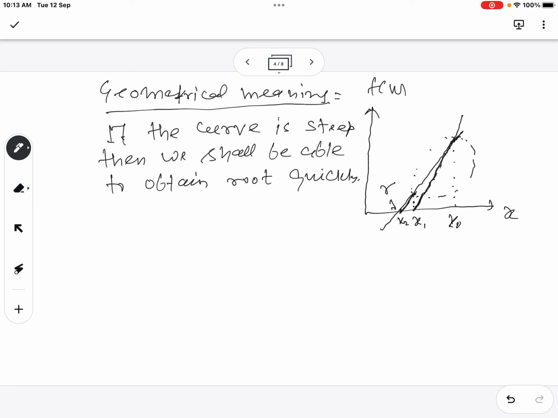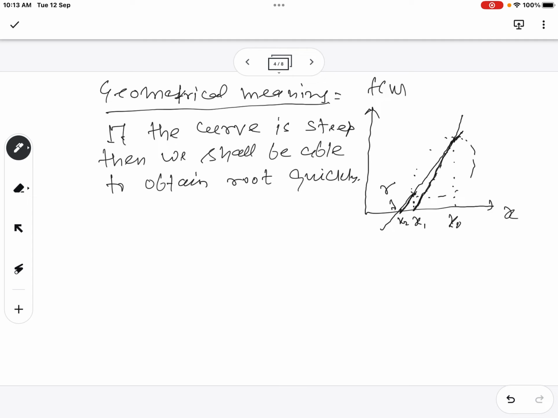On the other hand, if this function is nearly parallel to this x-axis, then the convergence to the root will be very slow.